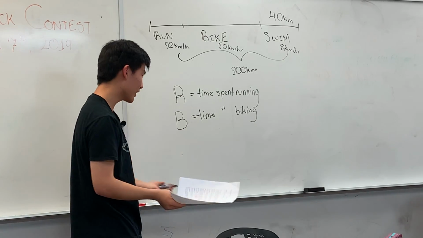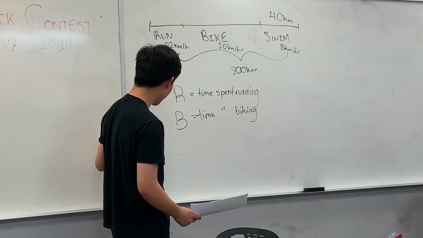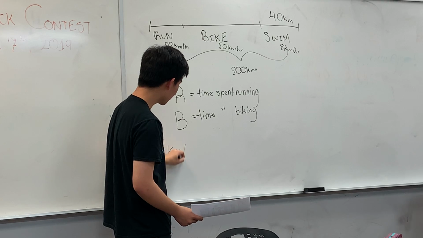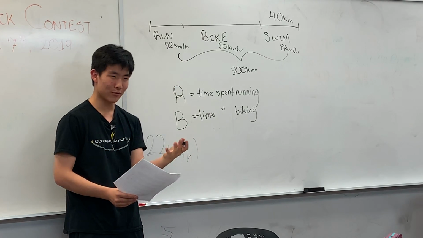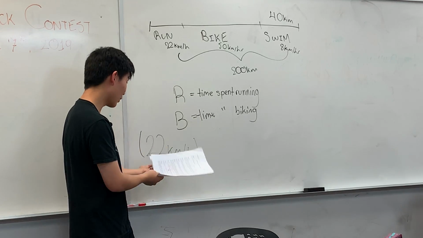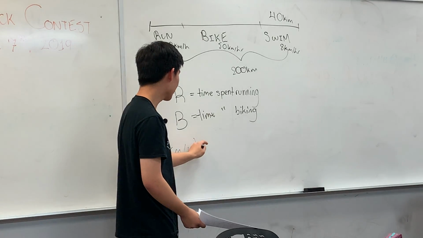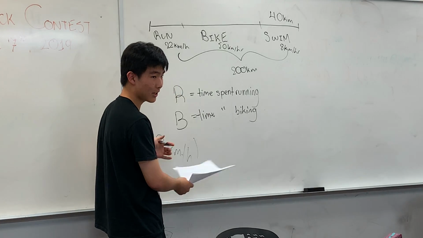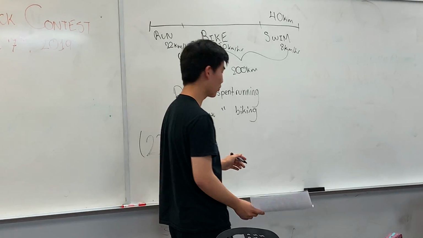If I'm running at 22 kilometers per hour, if I run for an hour, then I would run 22 kilometers, right? If I run for 2 hours, I would run 44, right? 2 times 22. So if I multiply our rate times the amount of time we spent running, we'll get how far we're running.